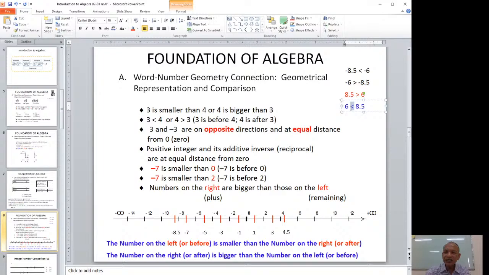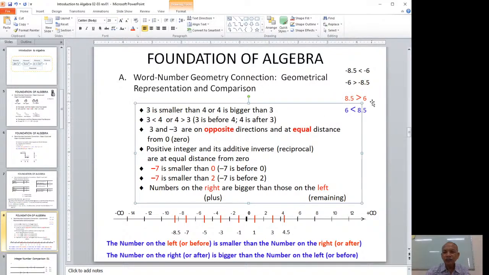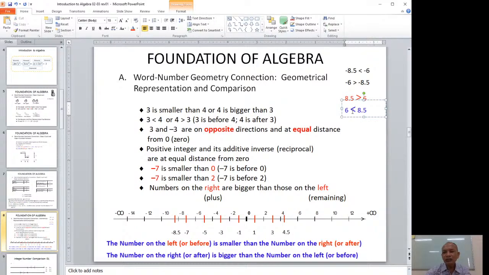The difference is that we have to place the inequality symbol correctly. If we say this one, we put it like this: smaller, acute, sharp, and then opening wide toward the bigger.